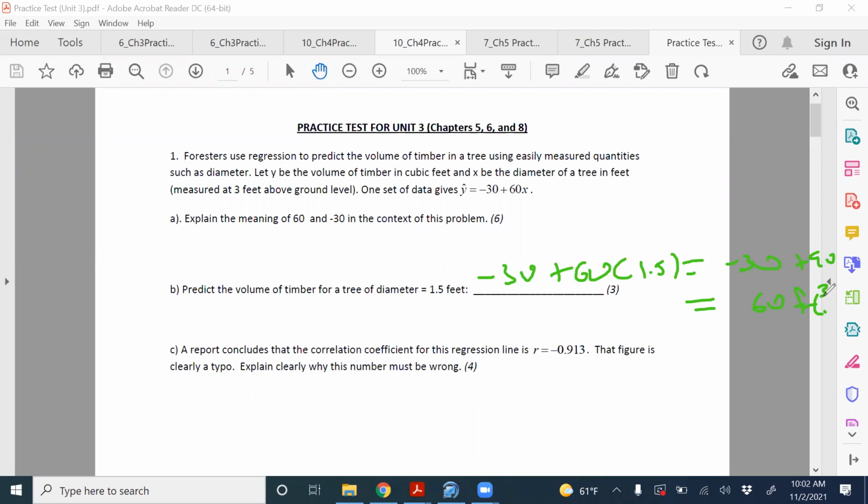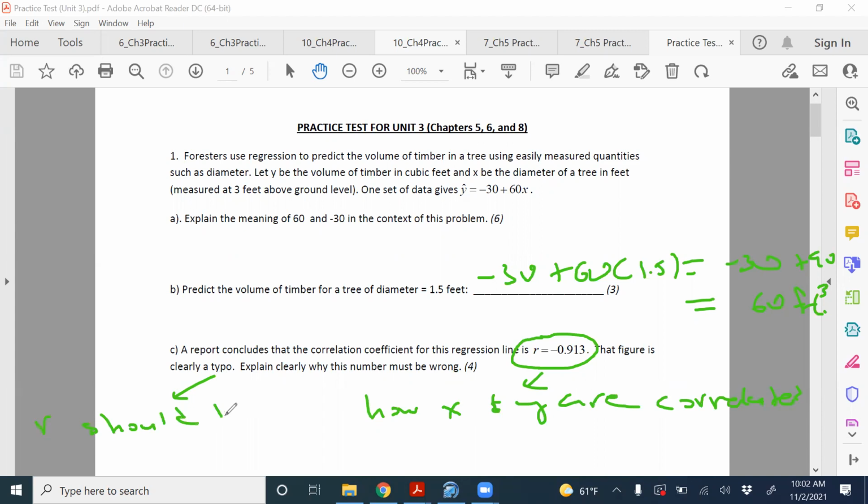Awesome. Now, the correlation coefficient, -0.913. Remember, this is asking us how x and y are correlated. So why is this a typo? Because r should be positive. Why should r be positive, not negative? Right, exactly.